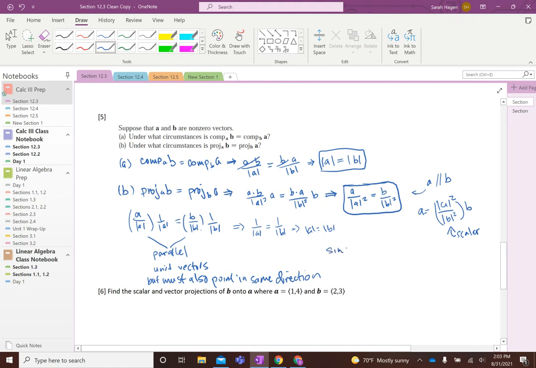So then the claim is, since A and B are parallel, have the same length, and point in the same direction, that means that A has to equal B. So that's an interesting way to do this problem.